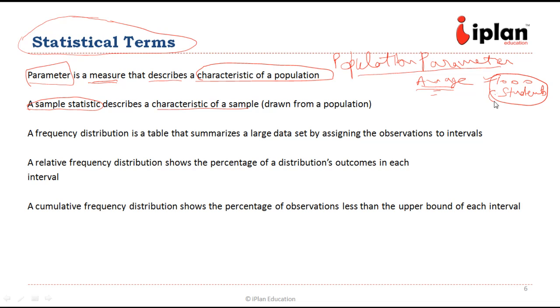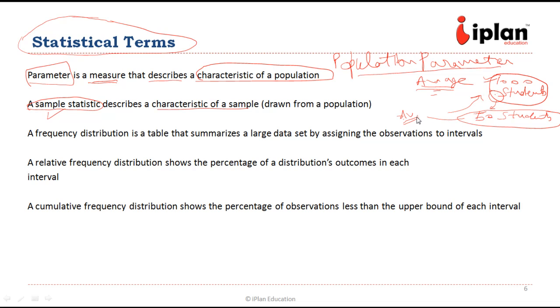If we draw a small random sample of say 50 students, out of these 1000 and we take average of these 50 randomly selected students, this is the characteristic of the sample. So this average is actually the sample statistic.